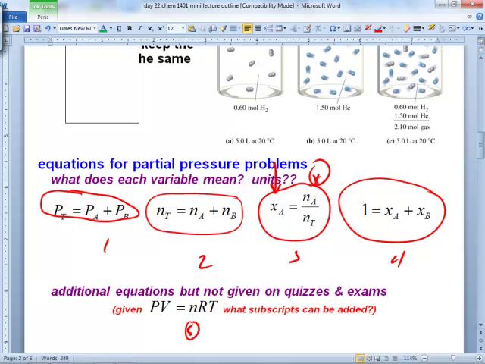But do you see what's missing? How do you get PA in the first place? Because the rest of these aren't so bad. I mean, how do you get NA, the number of moles of gas A? Well, either they tell you or they give you grams probably or something so you can convert it into moles. So all of these are pretty straightforward, right? Except how do you get PA and PB in the first place? There's no equation for it.